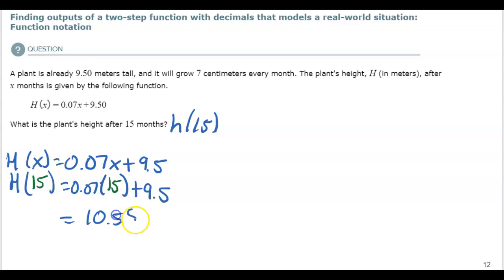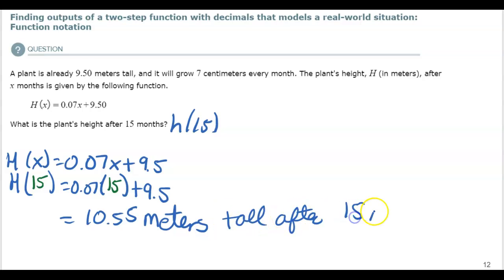This is going to be meters after 15 months.